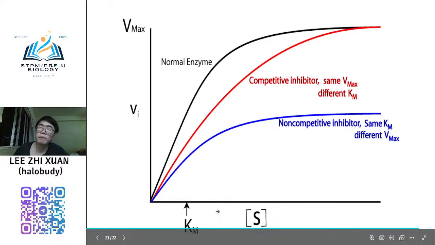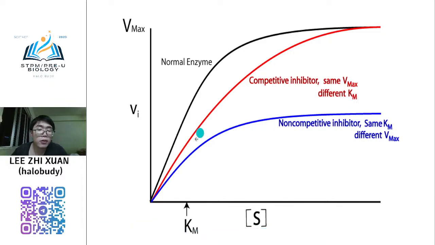As I mentioned, when your Km value is increasing, is high, it means your enzyme does not have a high affinity to the substrate. The enzyme does not like the substrate and will not bind to it. Why? Because the competitive inhibitor has a similar active site shape to the enzyme.